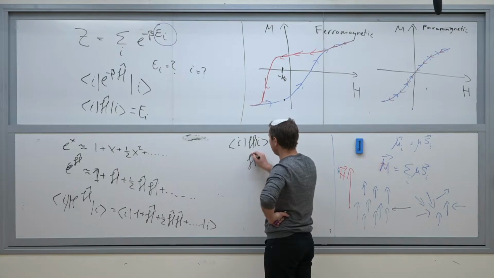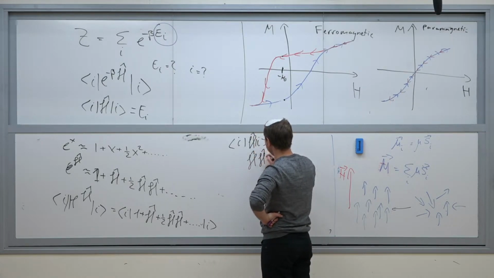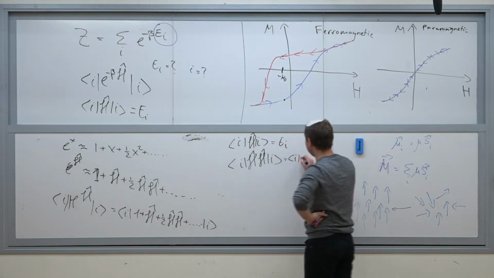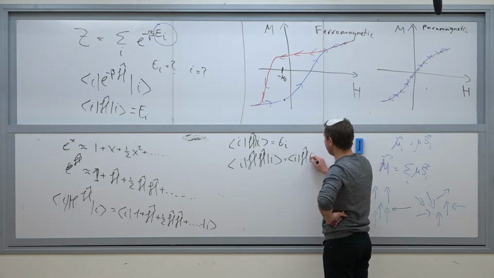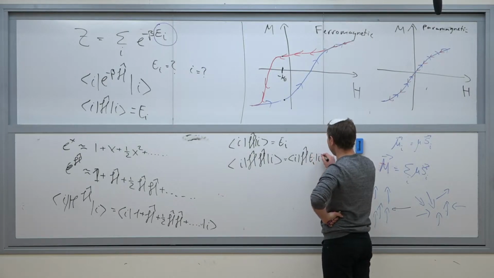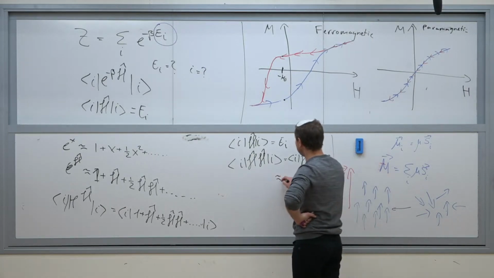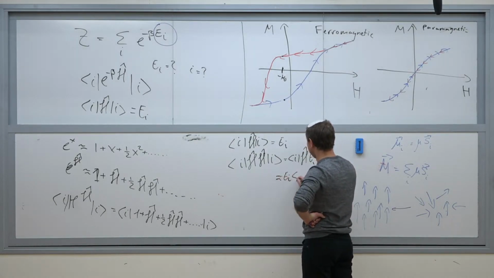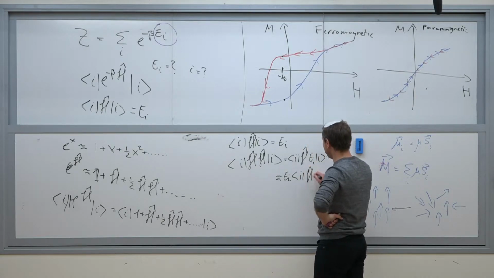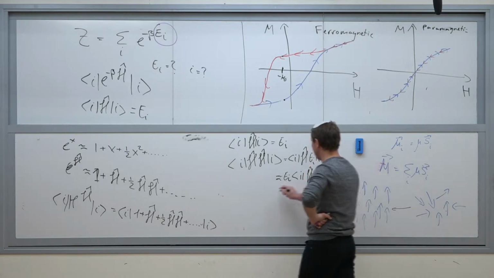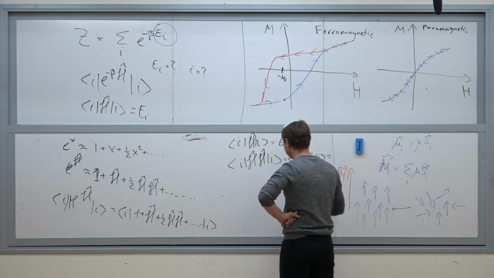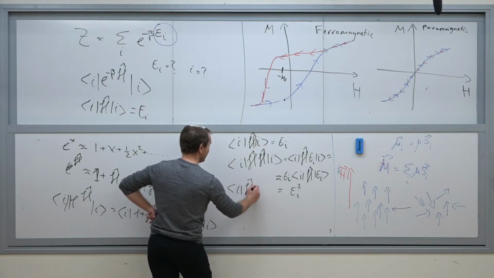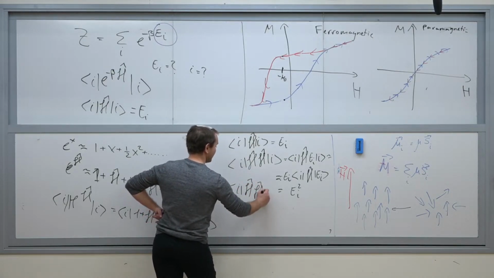If I have a Hamiltonian acting on a Hamiltonian acting on ket i, it gives me E_i squared.